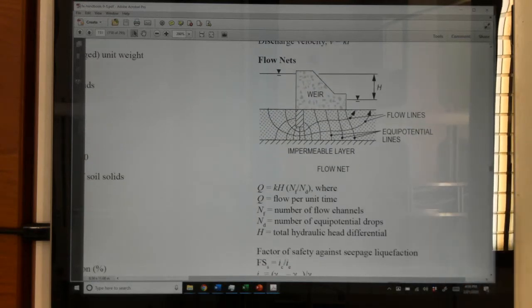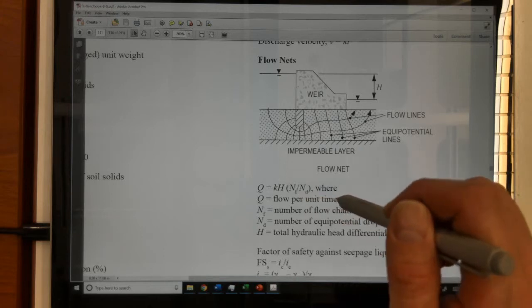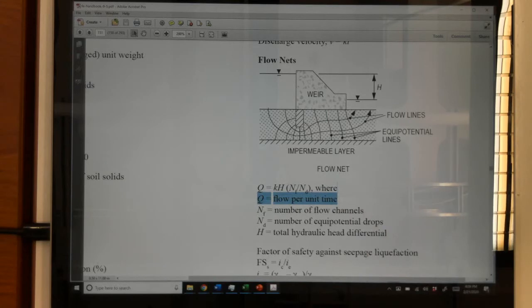Here they give you a sketch of a flow net. We would have done exactly the kind of question that they would ask in this case on the exam in intro, where they aren't going to ask you to draw a flow net, but they are going to ask you probably to use a flow net, and I've seen that example in a couple of different practice exams. The equation that they give you is flow per unit time, and the questions that I've seen them ask are more about total quantity of flow.